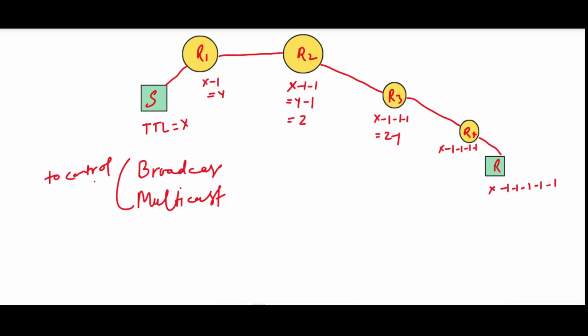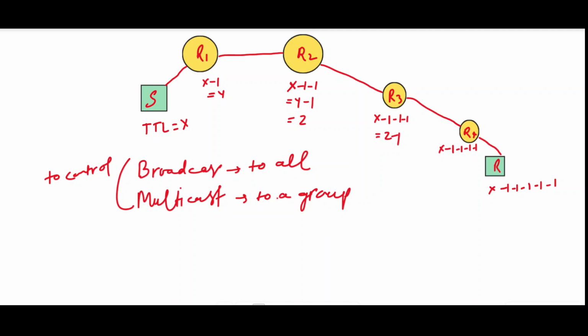Now, a broadcast packet is sent to all. This is to all. And a multicast packet is sent to a particular group. Clear?